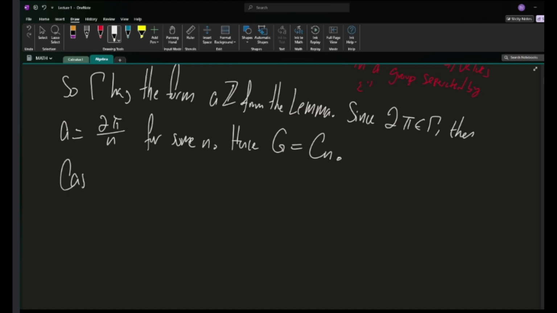So then our case 2. What if it has both rotations and reflections? So at minimum, let's just say G contains a reflection.